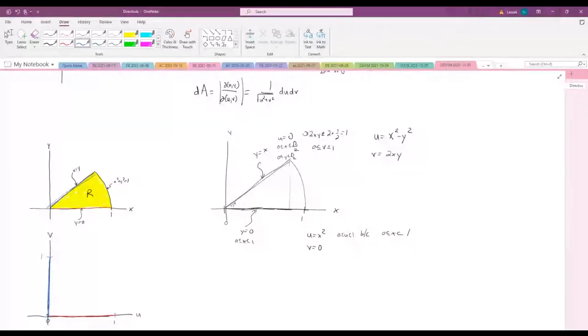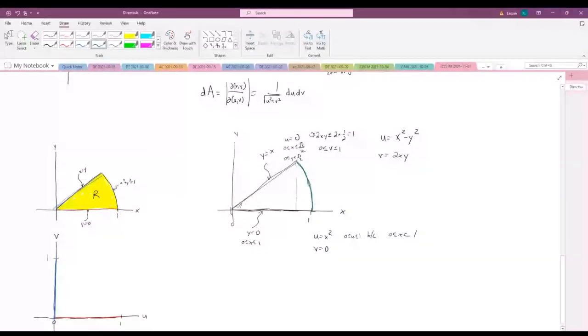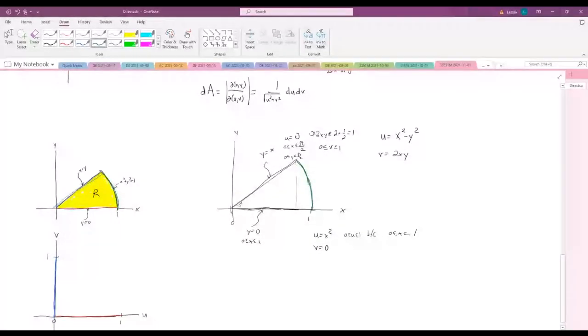So finally, we can have the third segment here. That's where x squared plus y squared equals 1. So if you'd like, you could always parameterize the segment.